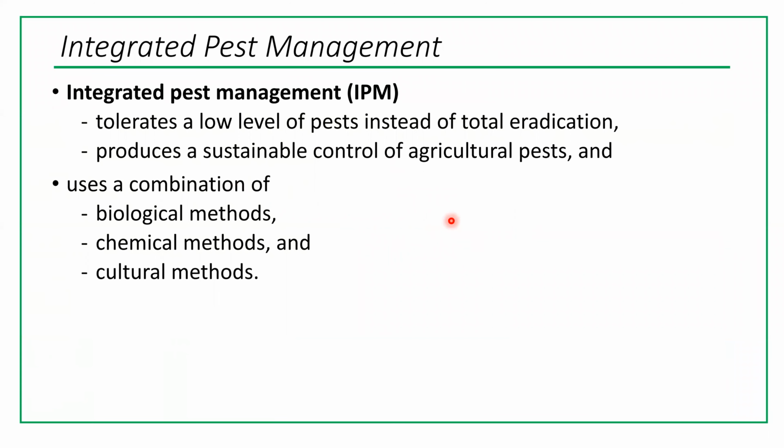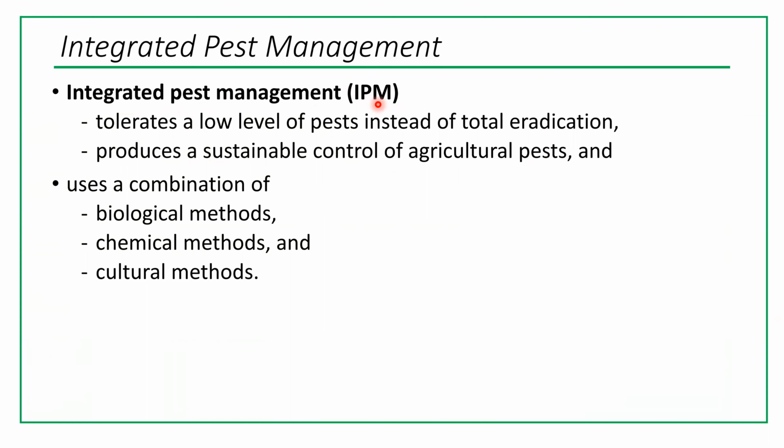Then what can we use? We can use what is called IPM. It is integrated pest management. What IPM does is tolerate a low level of pests instead of total eradication, and it produces a sustainable control of agricultural pests.